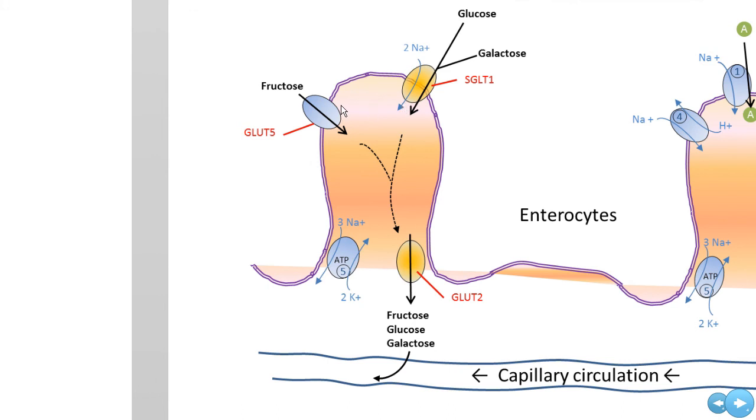But through those dedicated transporter molecules, these simple sugars can be absorbed straight into the enterocyte, passed out the other side through another transporter molecule, and go on into the capillary circulation and be used for energy by the rest of the body.